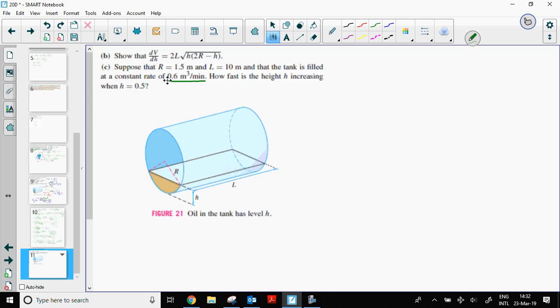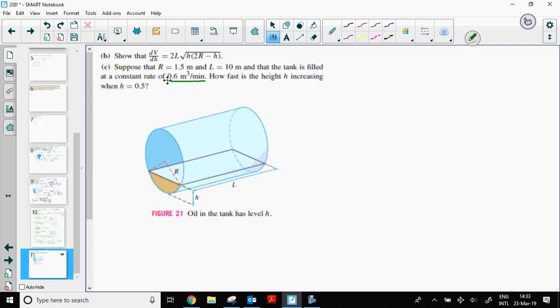So in the previous part, we were dealing with dV/dh, and I was being a little lazy, just writing V prime. The downside of the prime notation is that it doesn't tell you what you're differentiating with respect to. You just have to keep that clear in your mind. And in part B, we were differentiating with respect to height.